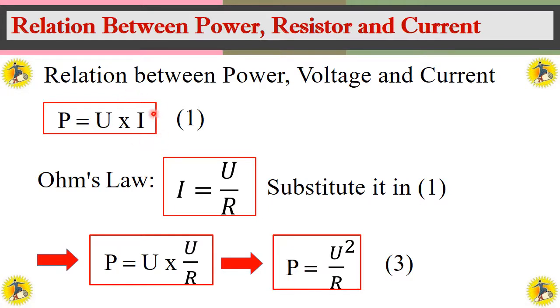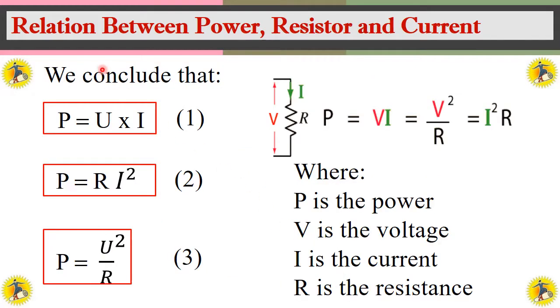So instead of I, we will replace it by U over R. So P equals U times U over R. Here U is over 1, so we will multiply U with U. We have P equals U square over R. We conclude that equation 1: P equals U times I, equation 2: P equals R I square, equation 3: P equals U square over R.